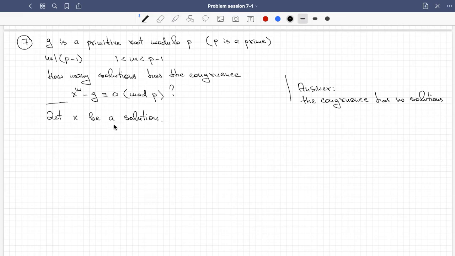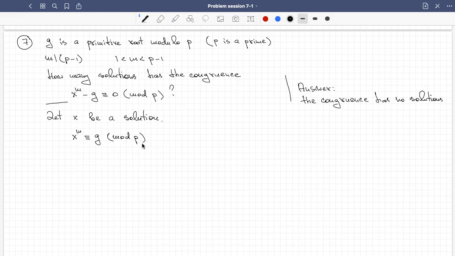If x is a solution, then we rewrite the congruence as x to the m is congruent to g modulo p.